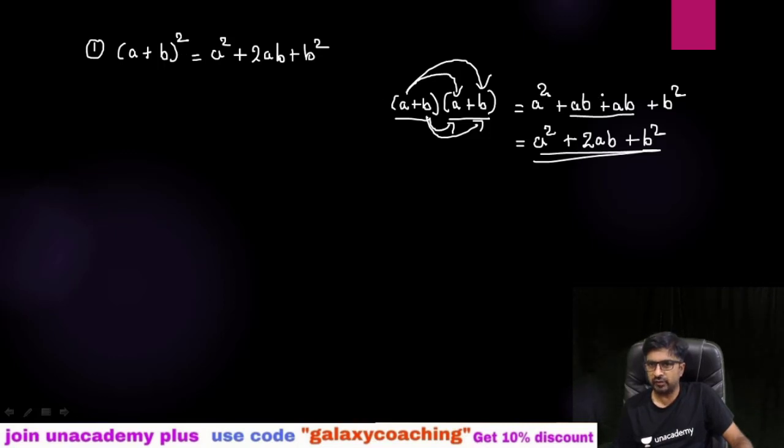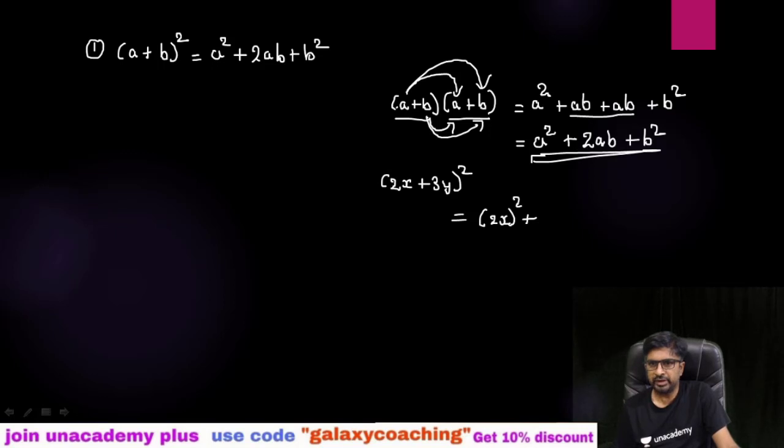So instead of doing all these calculations, directly they have given us this answer. This is a shortcut. When somebody tells you to find (2x plus 3y) whole square, instead of multiplying directly, with this identity I can give you the answer. First, the square of the first term. Our first term is 2x, so first we square it.